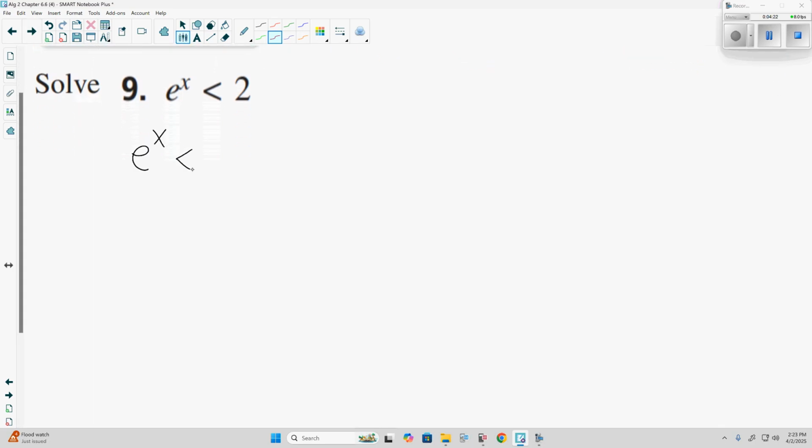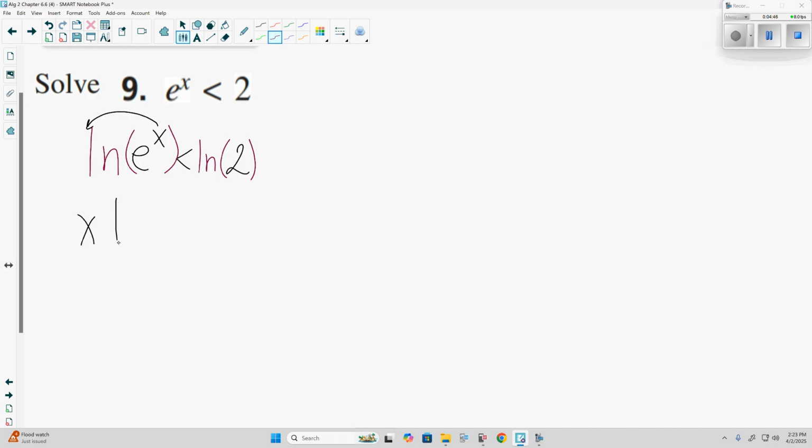E to the x is less than 2. We have one term on either side, and the log we're going to apply to both is going to be the natural log. And the reason we use the natural log is the natural log's base is e. So we have ln base e of e, so that will simplify.